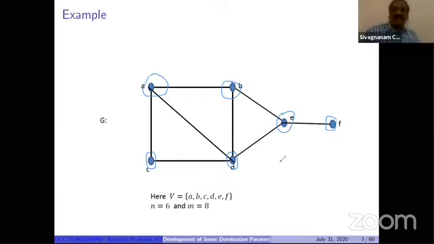So N(A) is a set containing the vertices B, C, D, and F.